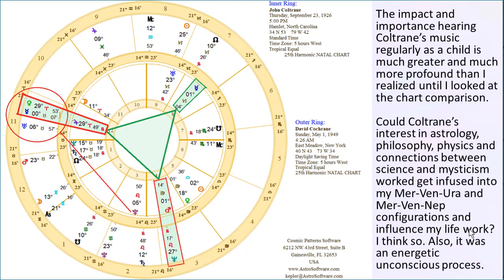And have they influenced my life work? The answer is yes, I think they have. It was an energetic, unconscious process revealed through the astrology that I had no clear awareness of. All I knew is, yeah, Coltrane's cool, dig it, man. I had no idea.